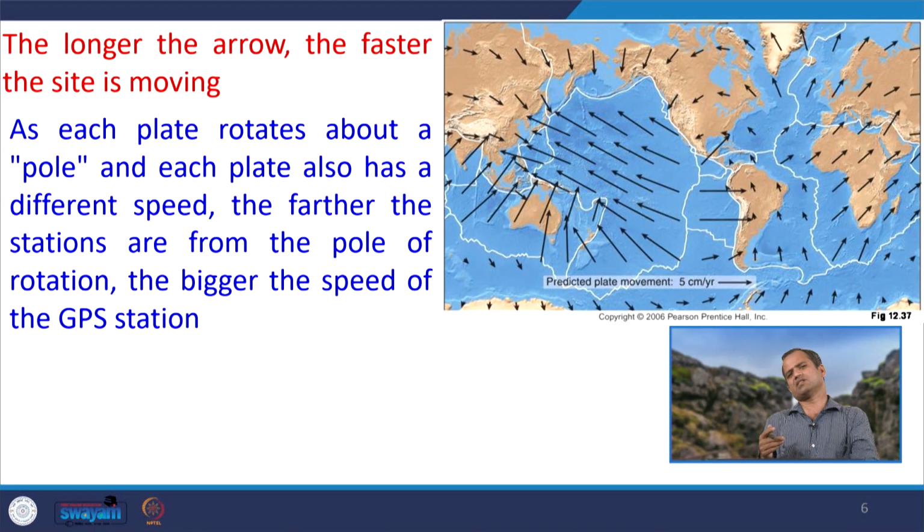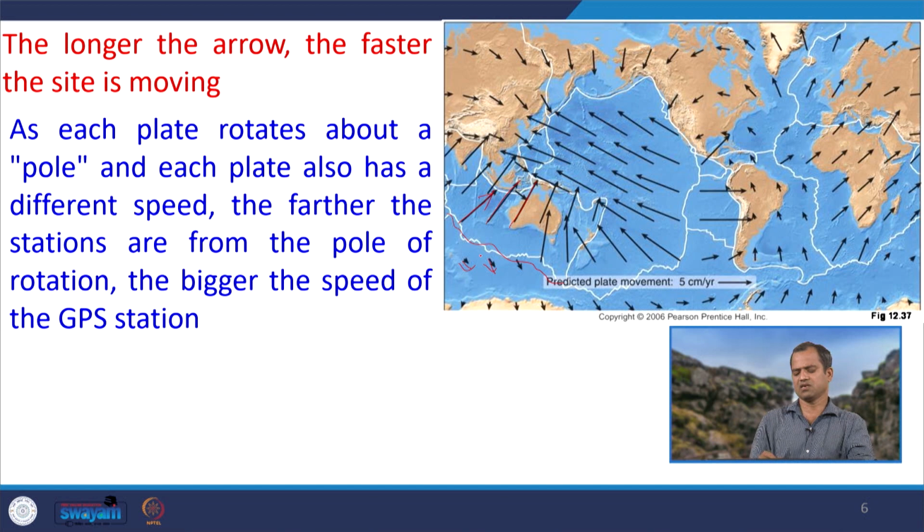And in GPS measurements, you have probably seen a number of maps where these arrows are pointing towards different directions. These are nothing but the direction of movement. For two adjacent plates, for example, this white color represents a mid-oceanic ridge system, and this plate is moving in this direction and this plate is moving in this direction.